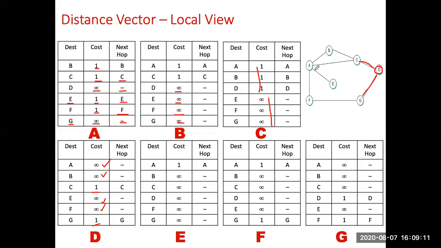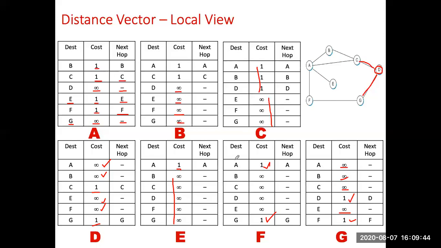E is only connected to A, so it has the cost for A and the next hop is A, but all the other distances are infinity. For F, it is directly connected to 2 nodes, A and G, and the rest are infinity. And G is directly connected to F and D, and all the other nodes are infinity.